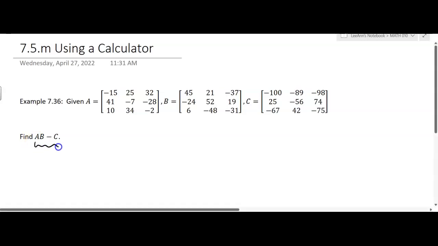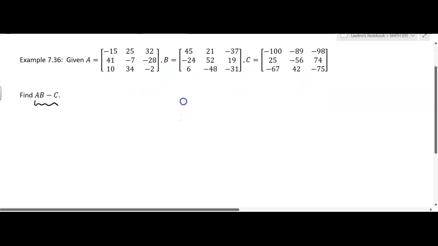We're going to find AB minus C. It's going to be a little labor intensive for me to write this out, but I thought it might benefit you. I don't even want to put my bracket, because I have no idea how big it's going to be. I'm going to take the A times the B, so that means first row, first column.